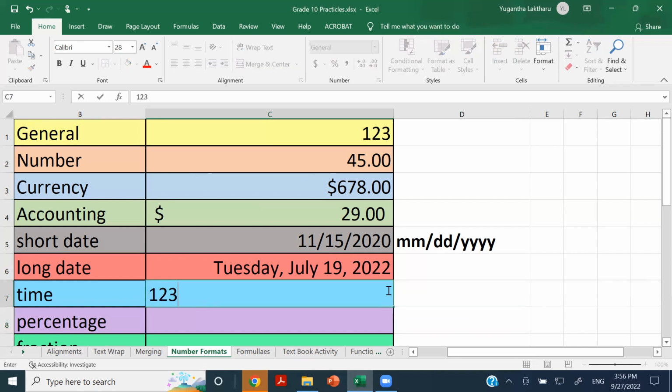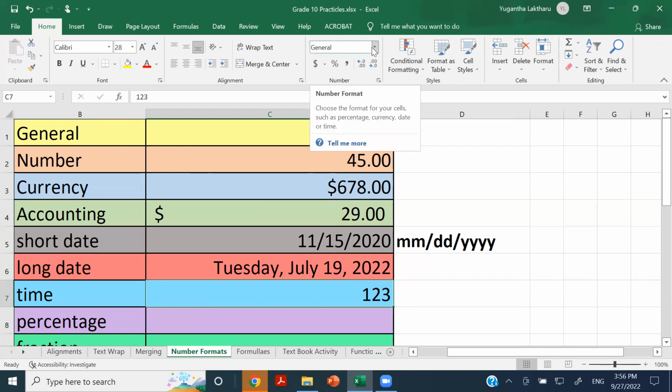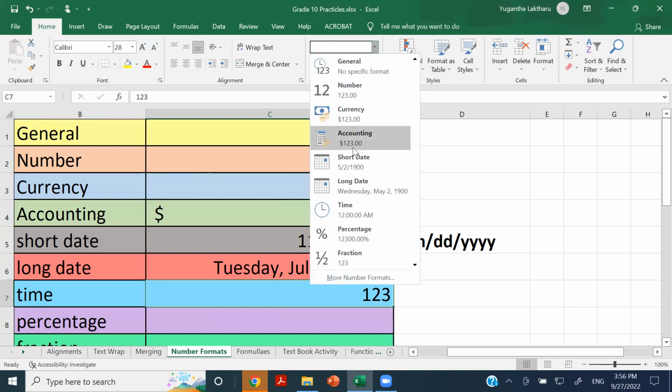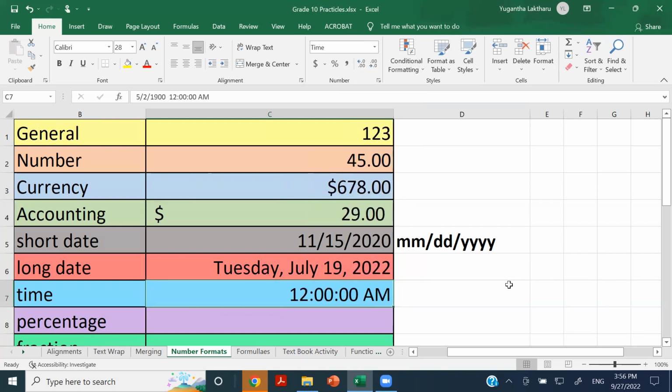So if you just type 1, 2, 3 and make it into a time, you can see it's 12 a.m. So there is no relationship between these two.